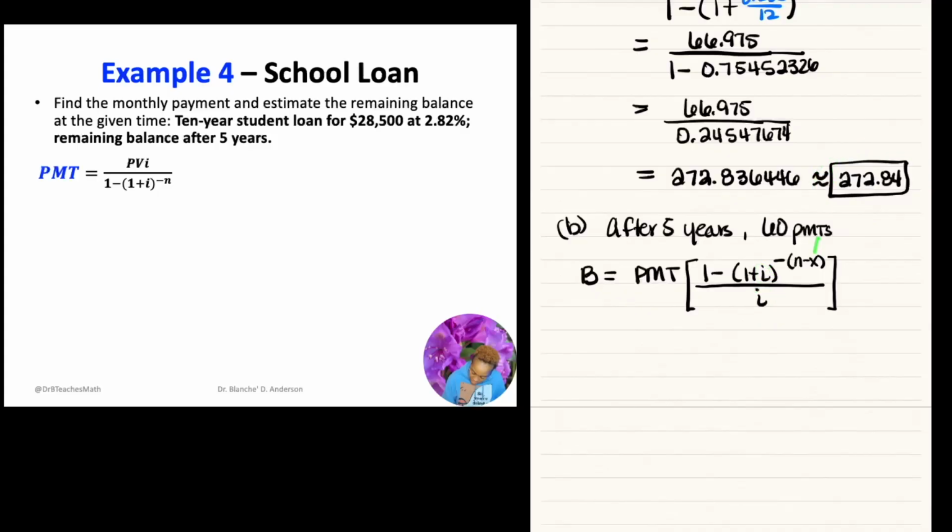The only thing that's going to be different is the x. So the x represents the number of payments that you've already made, and n is what you started with. Let me make sure I'm telling you right.